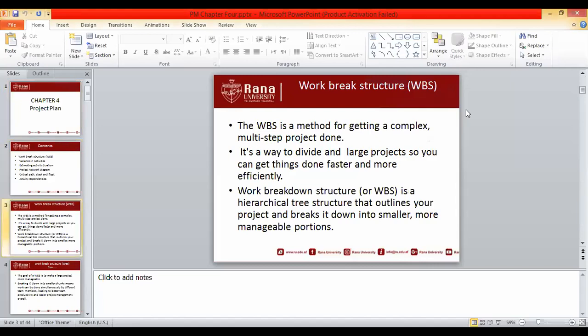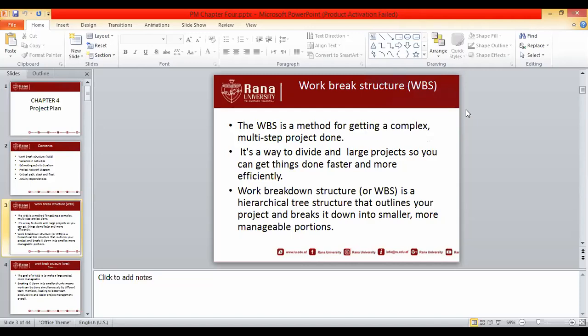Let me tell you in a nutshell that work breakdown structure is a tool widely used in project management to divide the complex project into small tasks or activities, so that those can be easily managed and controlled.